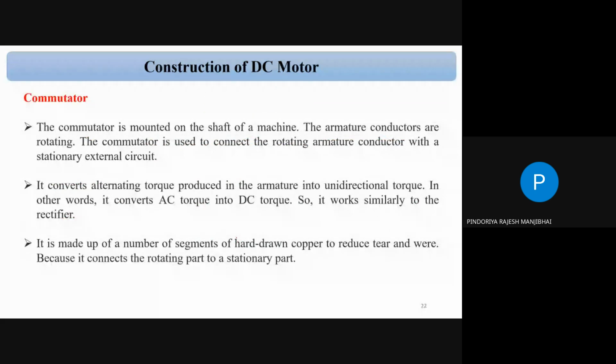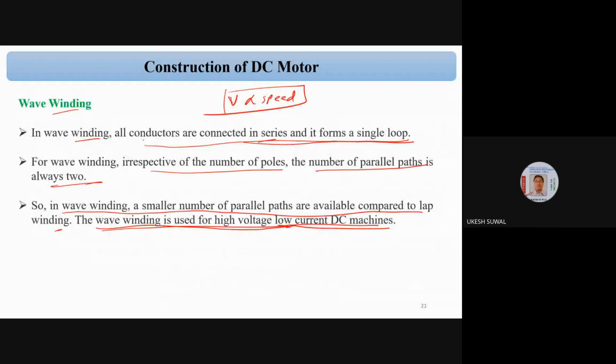Yes, this commutator. Excuse me, sir. Yes. Is there any other method to remember this point, sir? Can you just repeat the high voltage point, and is there any other way so that we can remember this point?